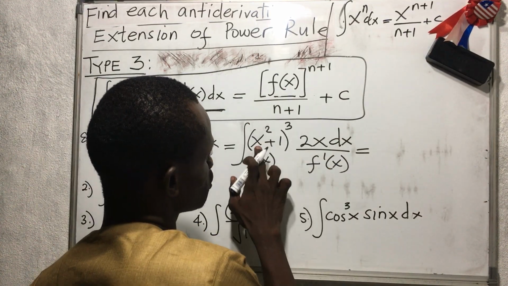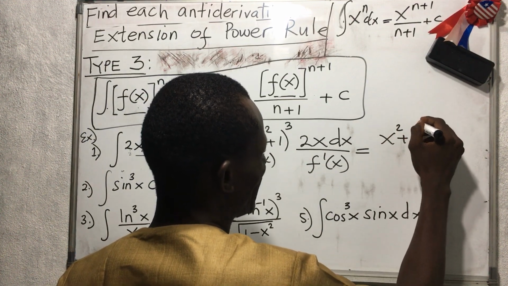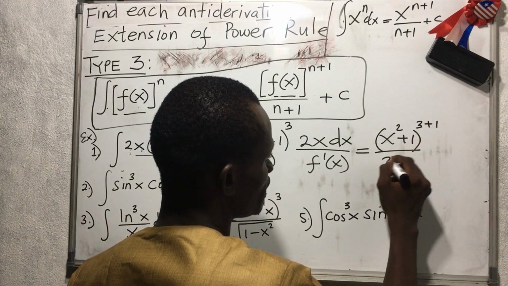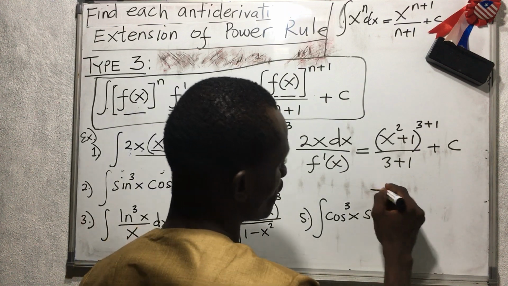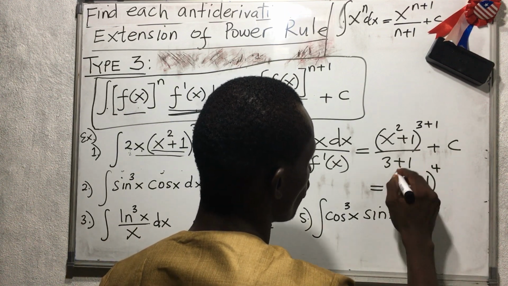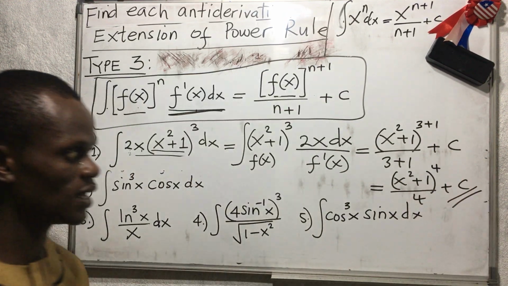Now what is the function? The function is x squared plus 1 raised to the power n. N is 3. 3 plus 1, all divided by the same 3 plus 1, plus some arbitrary constant c. So finally this can just be x squared plus 1 raised to the power 4 all over 4 plus some arbitrary constant c. That is your answer.